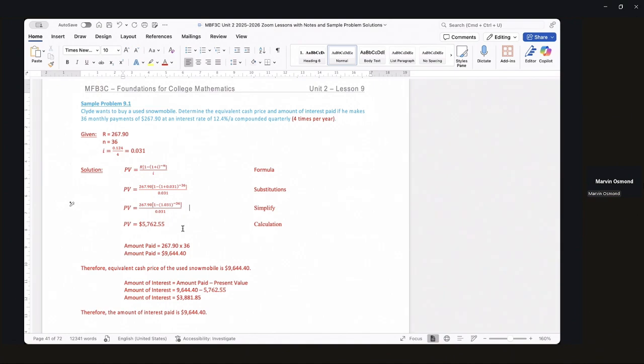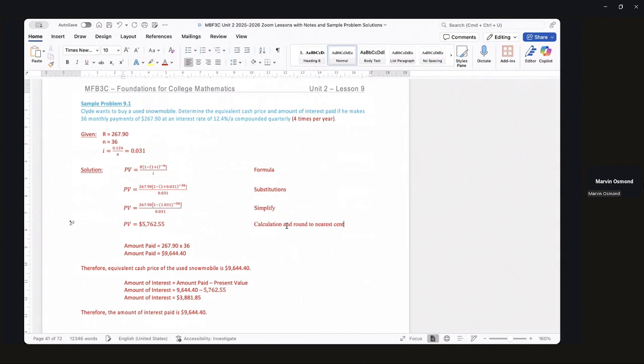I'm dealing with money, so when I do my calculation I round to the nearest cent. When I round 0.554, 4 is less than 5, so I leave it as it is. So it's going to be $5,762.55.